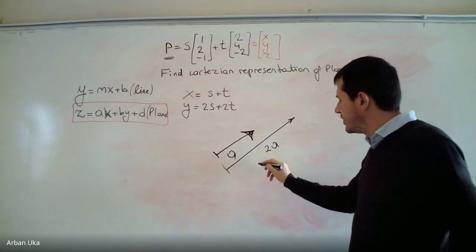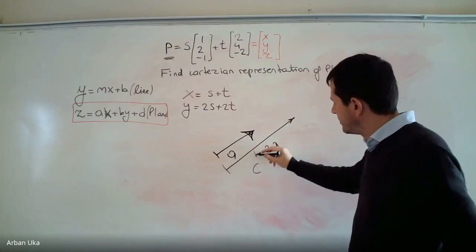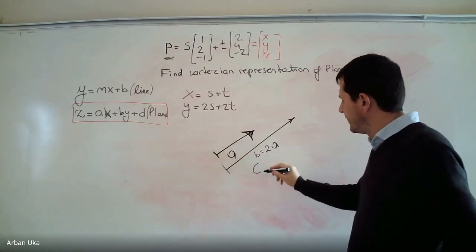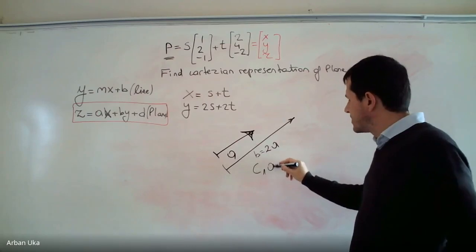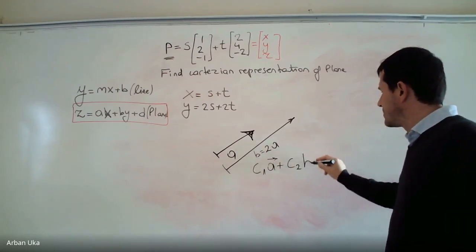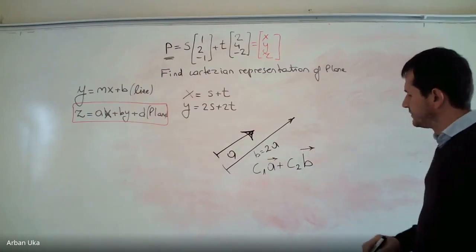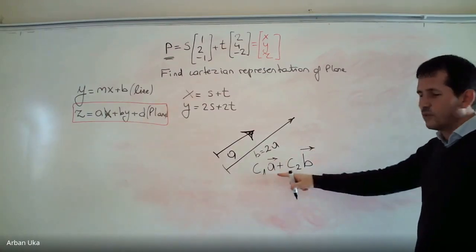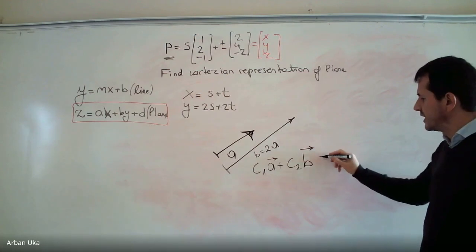So any linear combination, let B be equal to 2A: C1 times A, where A is a vector, plus C2 times B, where B is another vector. Is this really a plane? Let's check.